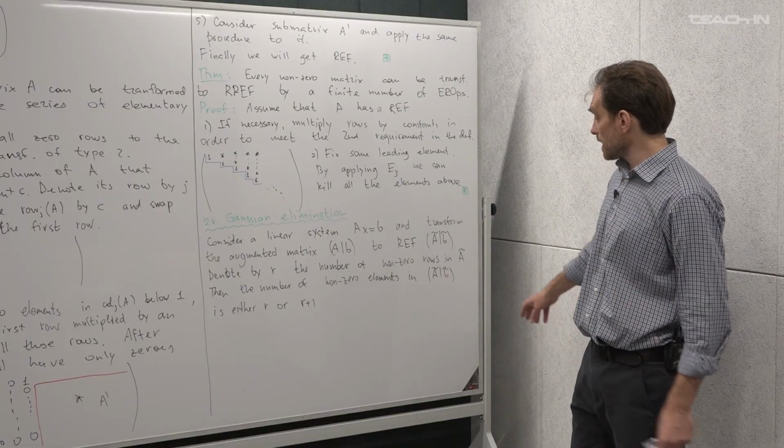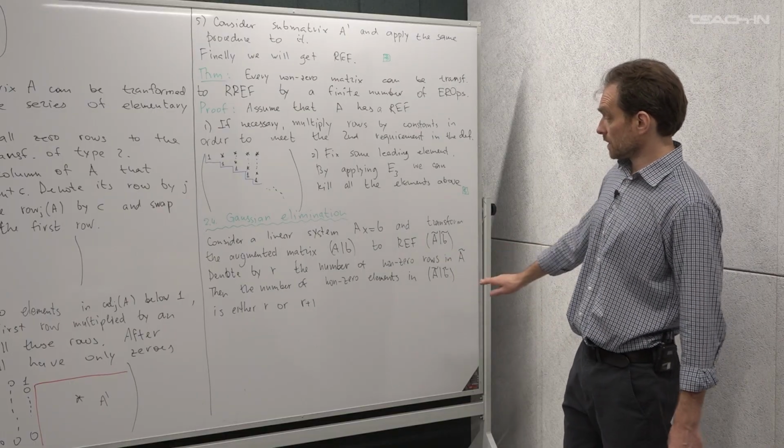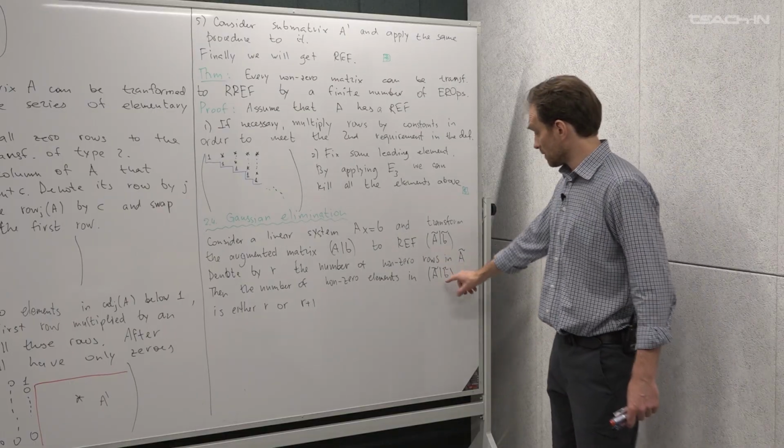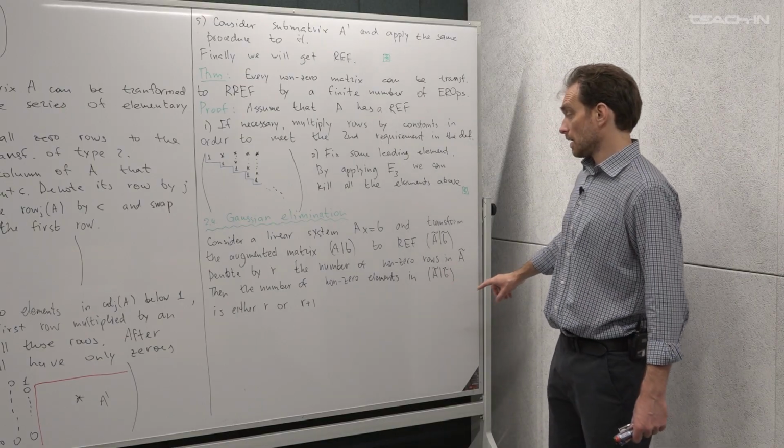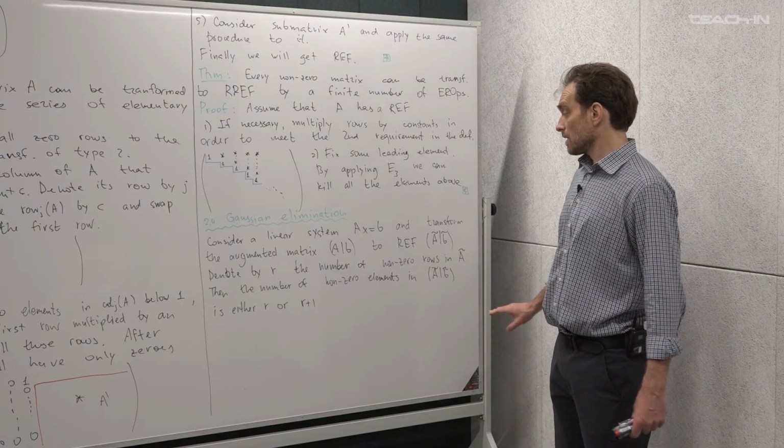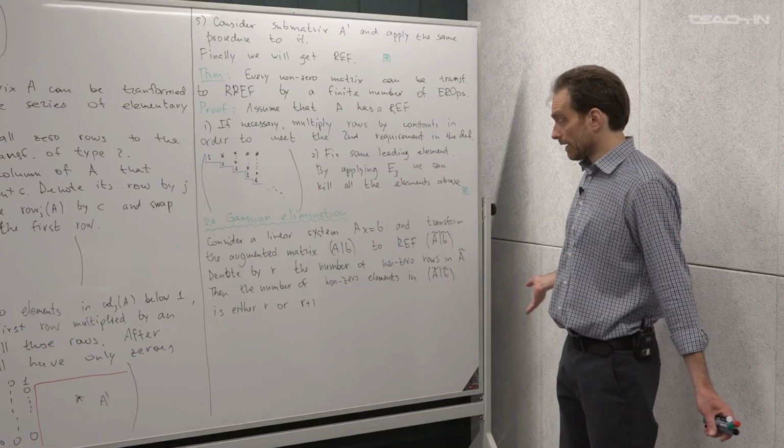So we can state that there are two different options: either in the augmented matrix we have some additional non-zero row, or we do not have it.